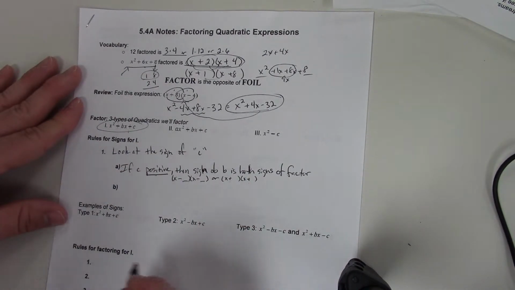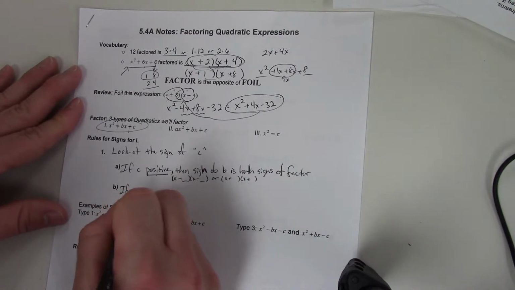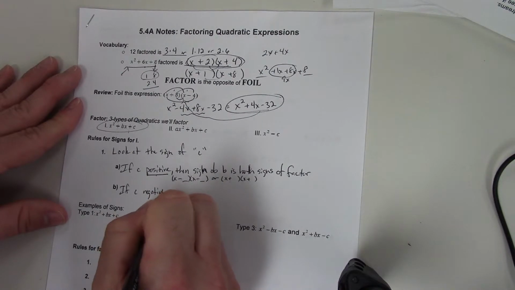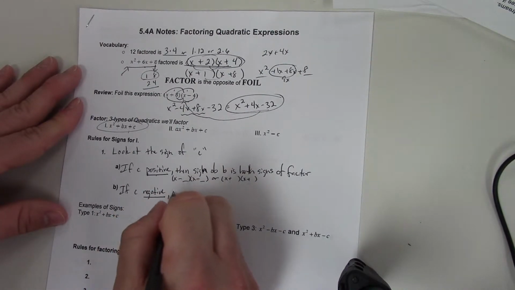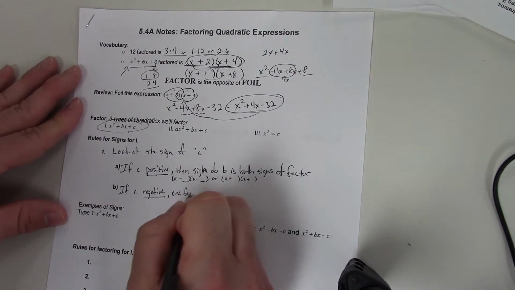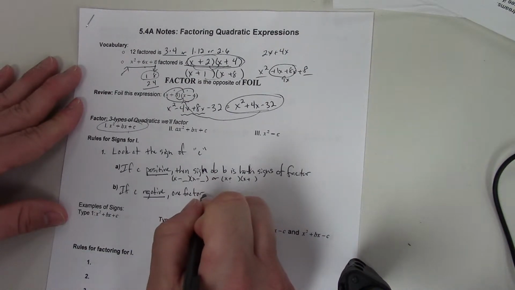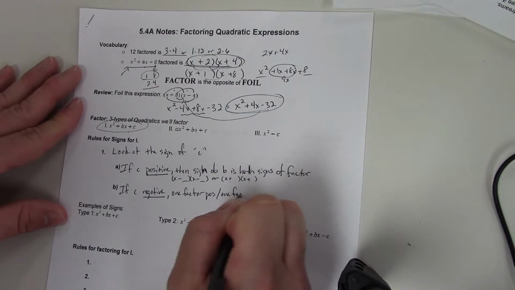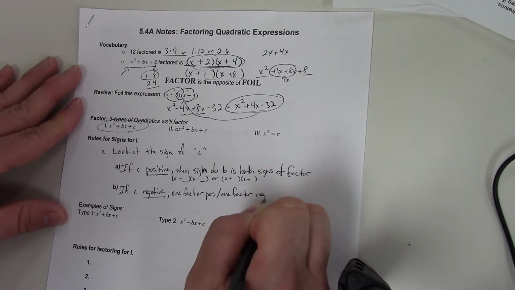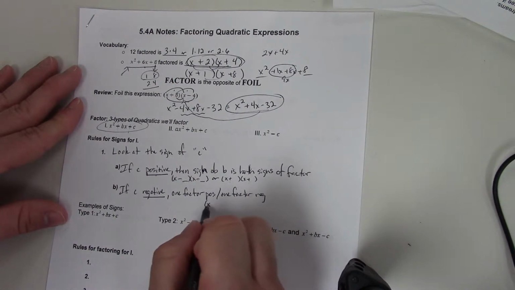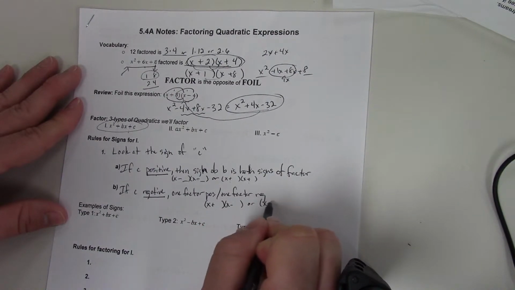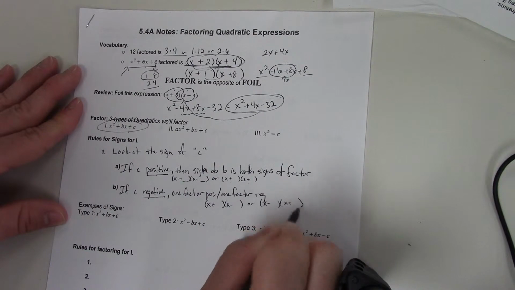Either way. Okay. Now, if c is negative, well, then one factor, it's basically going to have one of each. One factor positive, one factor negative. So again, what I mean by that is it's either going to be x plus and x minus, or x minus and x plus, like that.